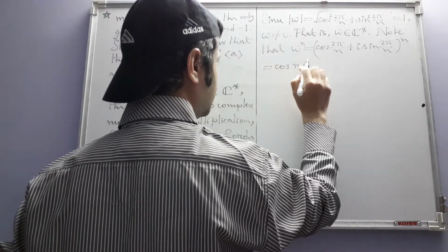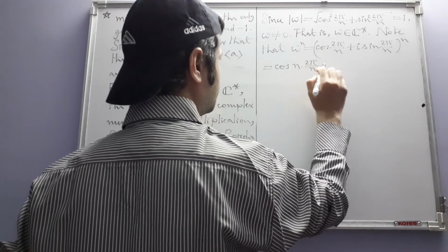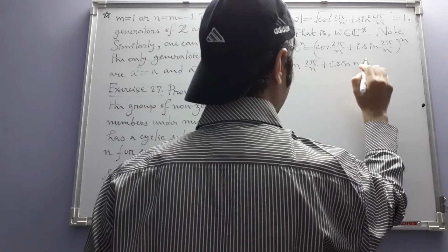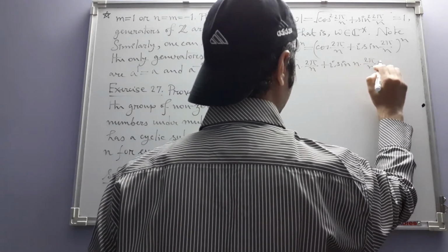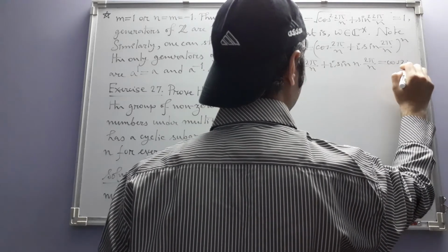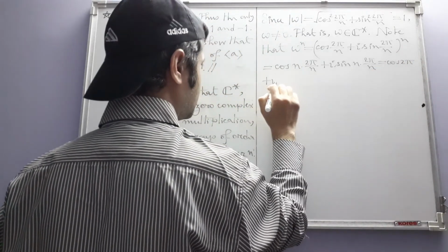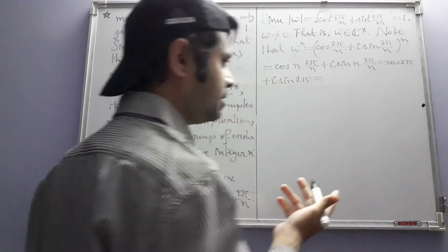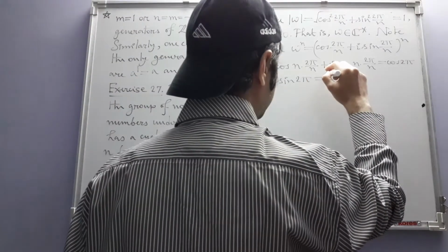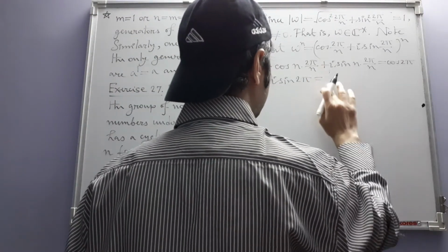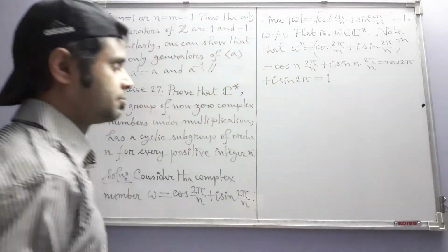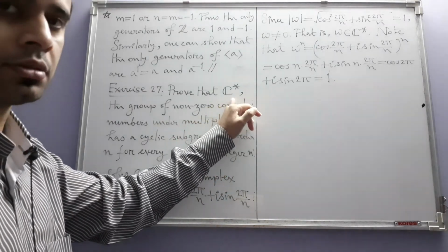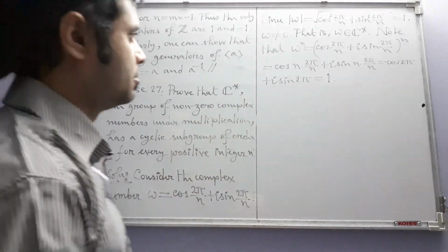So this becomes cos of n times 2 pi by n plus i sine of n times 2 pi by n, and that is cos 2 pi plus i sine 2 pi. Cos 2 pi is 1, we know from trigonometry, and sine 2 pi is 0, so this is 1. And note that 1 is the identity element in this group because it's a group under multiplication.